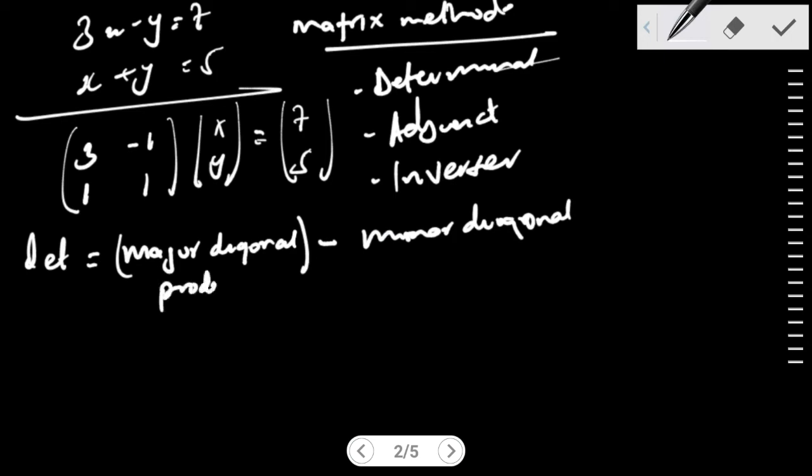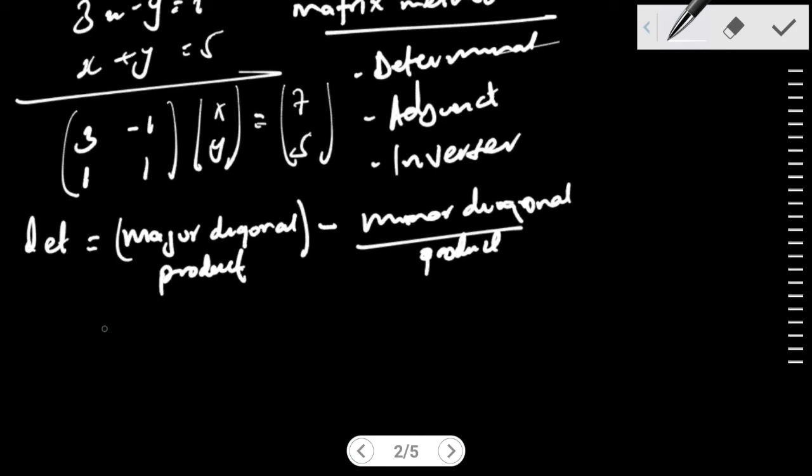This one is a product, and this one also exists as a product. This is my major diagonal, and this would be my minor diagonal in this case.